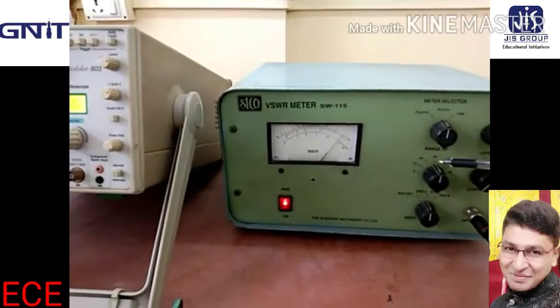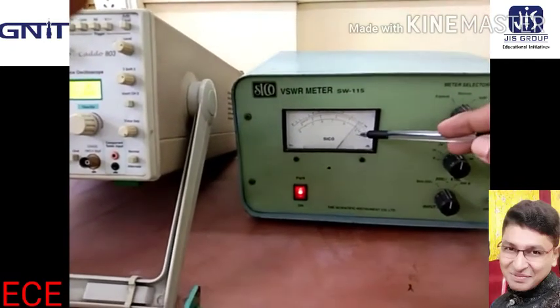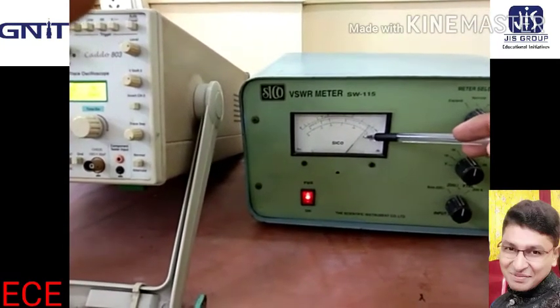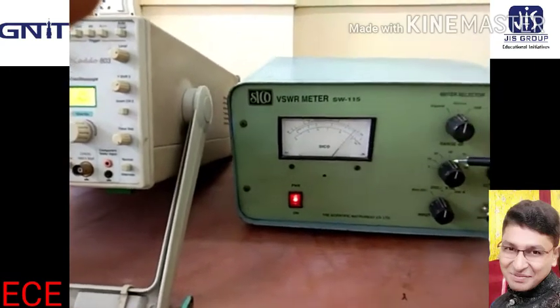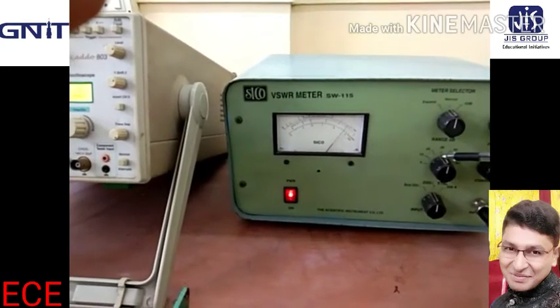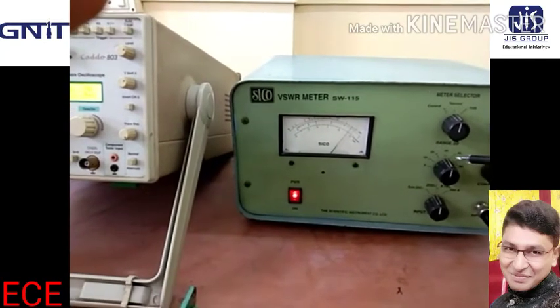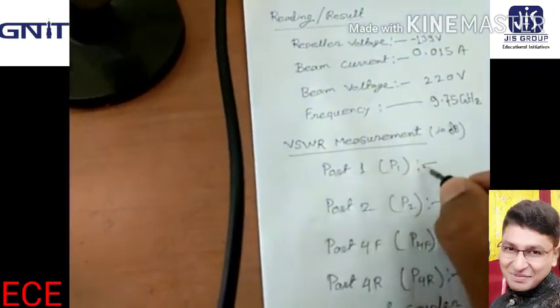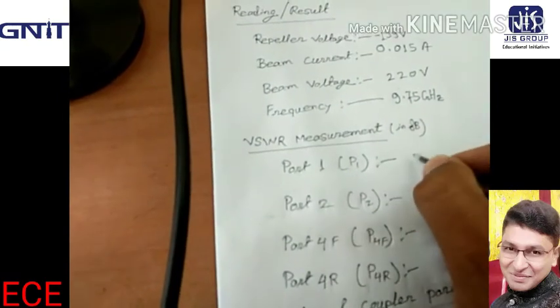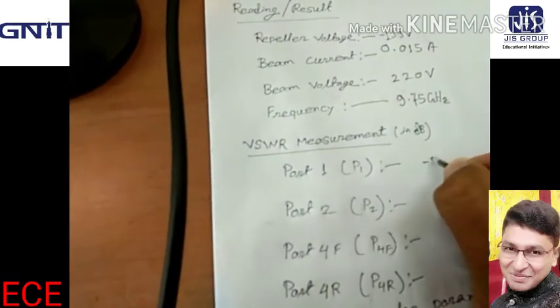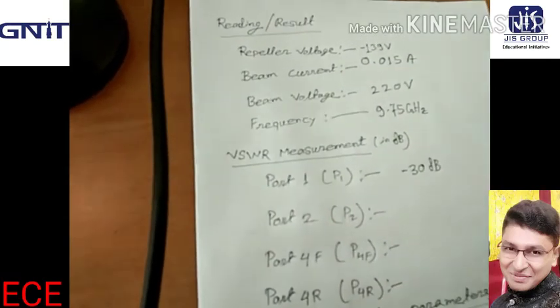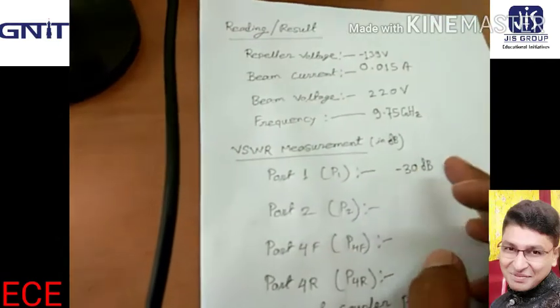Range selected 30 dB and the dB scale showing 0. Red color dB scale is showing 0 and range is 30. That is 30 dB minus 30 dB. So port P1 or input power is minus 30 dB.